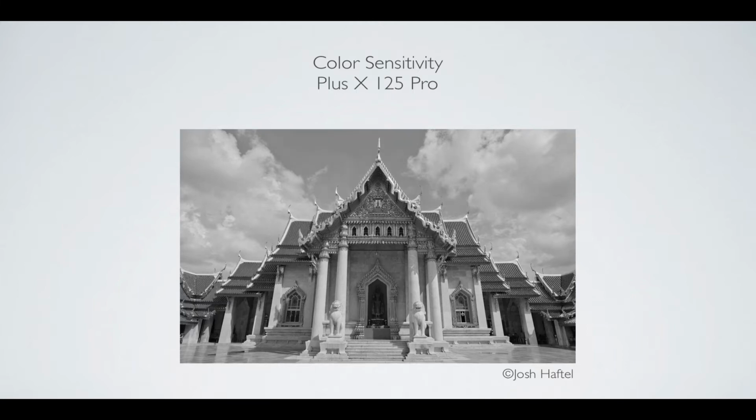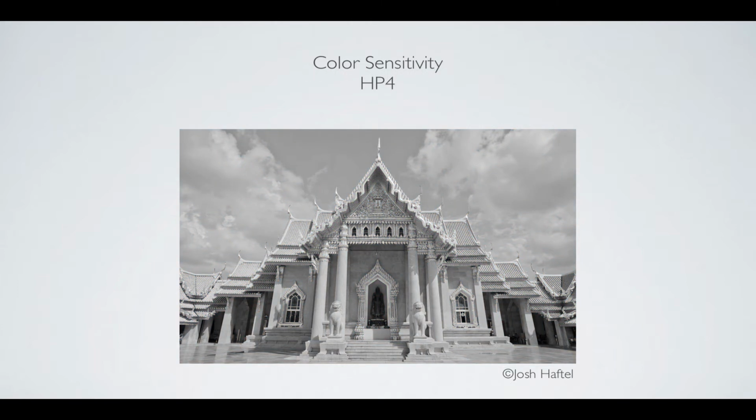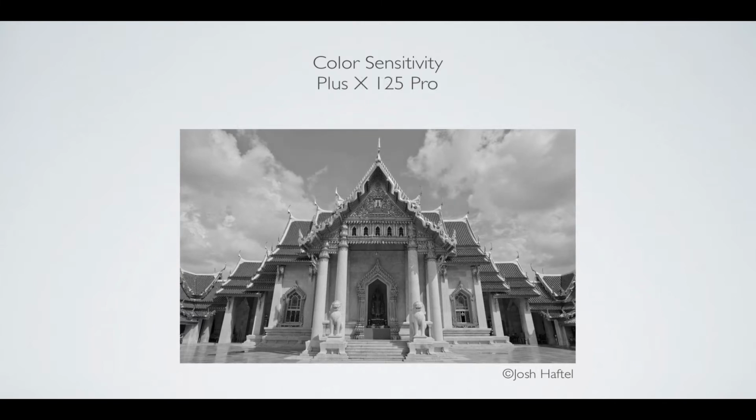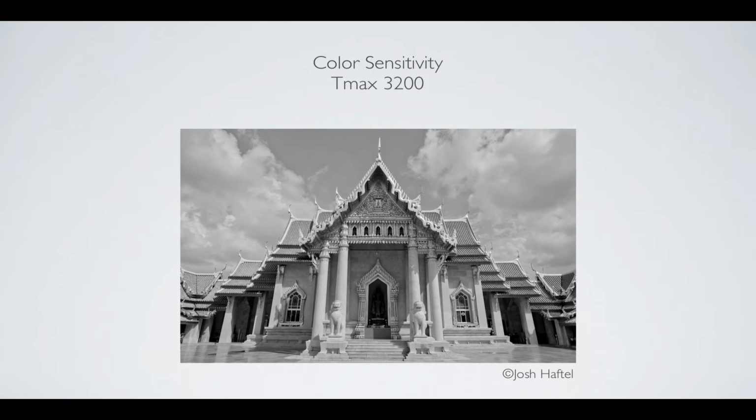What we're looking at right now are different color sensitivities. We're actually emulating different film types, but we're able to do that digitally after we make the capture. So here's HP4, it would have reacted this way. Your Plus X 125 Pro, and your T-Max at that point.